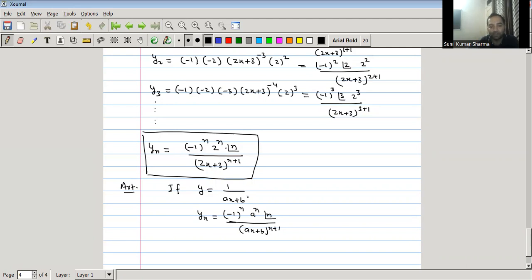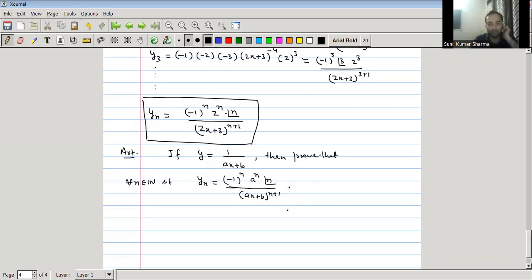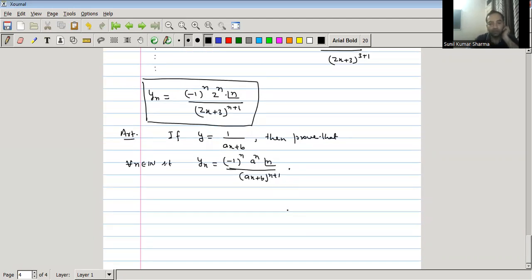So if y is equal to 1 upon ax plus b, then prove that for any natural number n, yn is equal to this. So again, you can prove this by principle of mathematical induction.